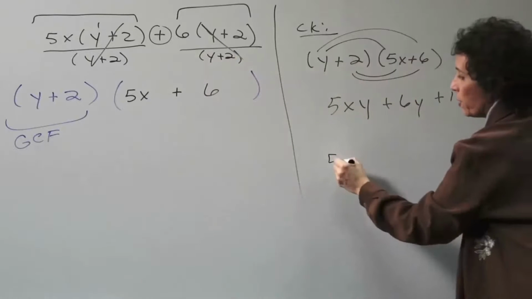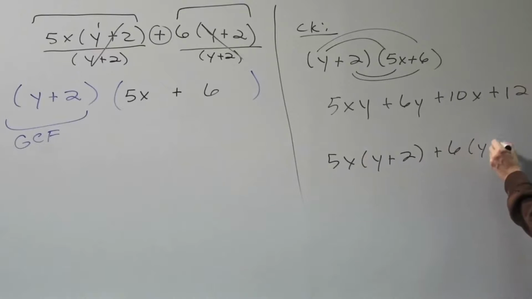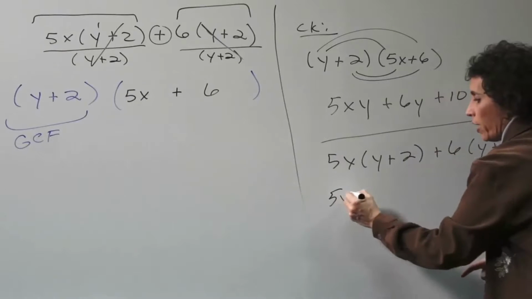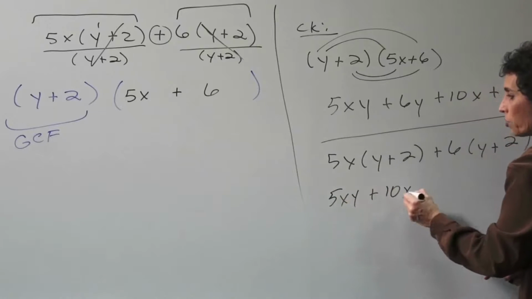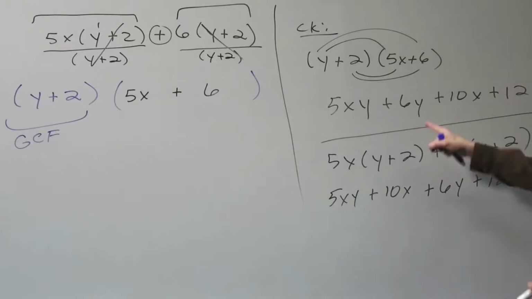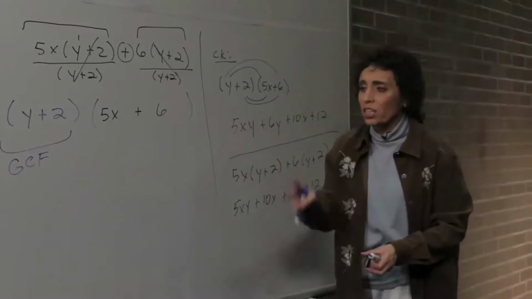That right there that you were given is 5x times y plus 2, plus 6 times y plus 2. That does not look like that, but if you multiply this out, you will get that. 5xy plus 10x plus 6y plus 12. They're in a different order, but who cares because it's commutative. So it does check out. It just takes a little more checking.